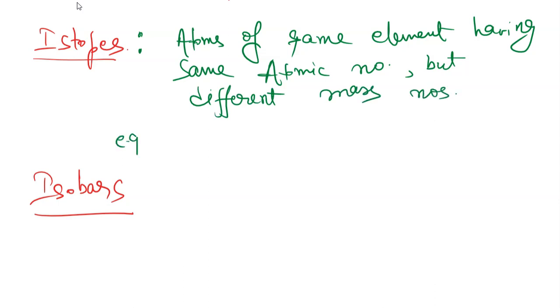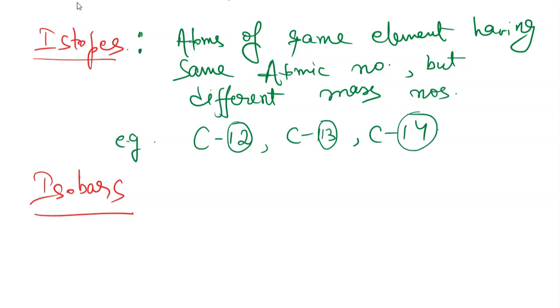For example, carbon has 3 isotopes, C12, C13 and C14. This indicates their masses are 12u, 13u and 14u, but they all belong to the family of carbon, so their atomic number will be 6 only.